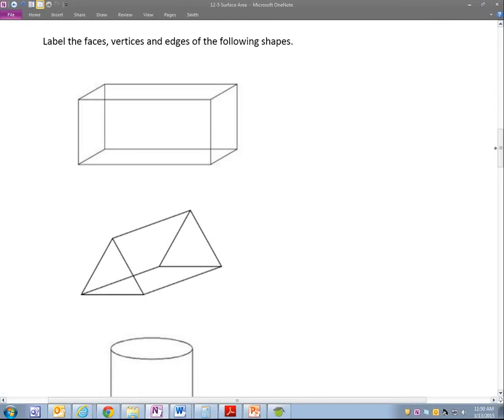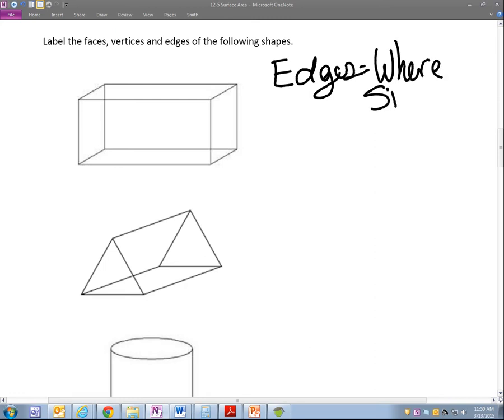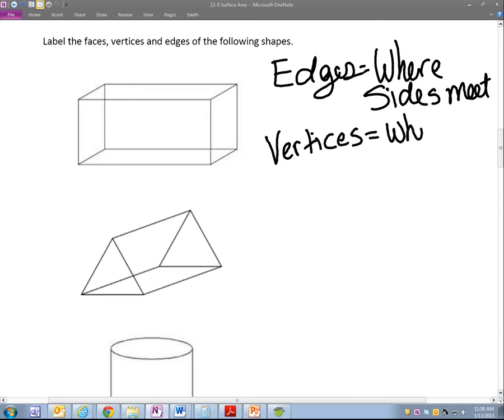All right, now here's what's going on here. Edges are where sides meet. Vertices are where edges meet.